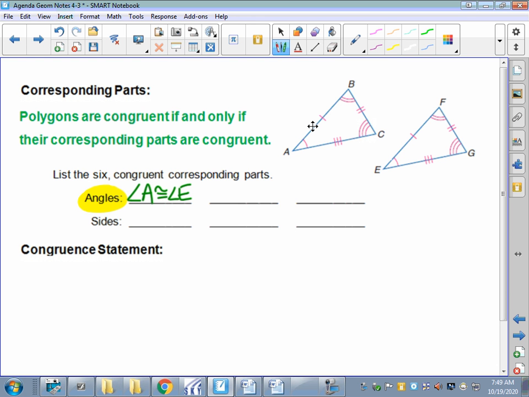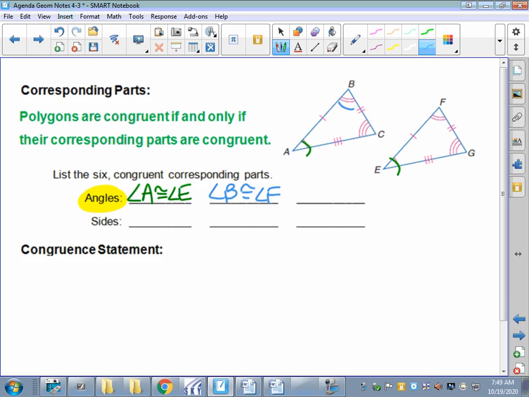If I picked triangle ABC up and dropped it right on top of EFG, A and E would be in exactly the same location. Remember, we can flip or rotate or whatever we need to do with these, so you still have to figure things out. This one, it's marked pretty clearly with those angle arcs, congruent arcs. Angles B and F have the double arcs.